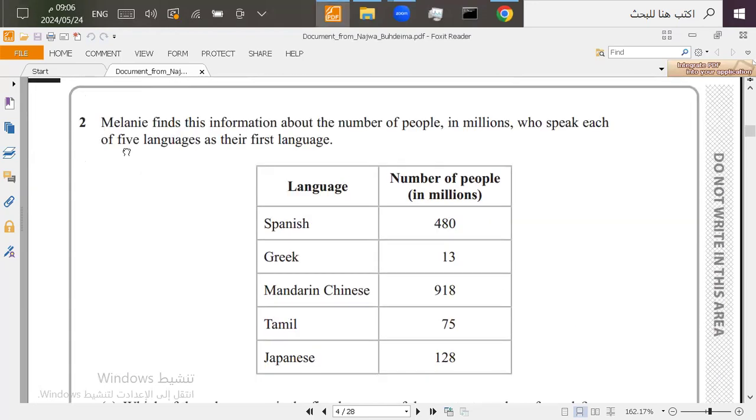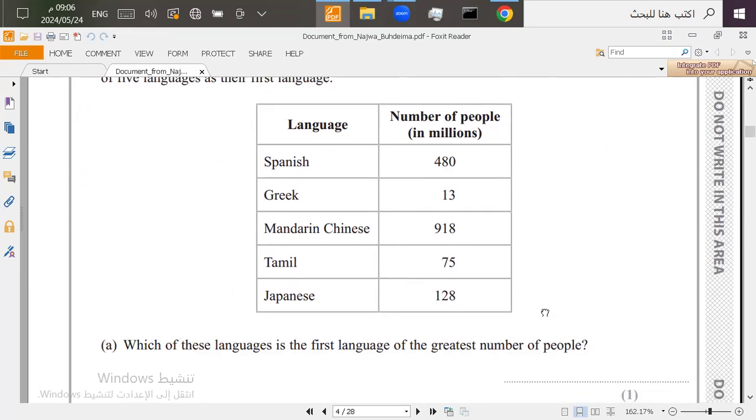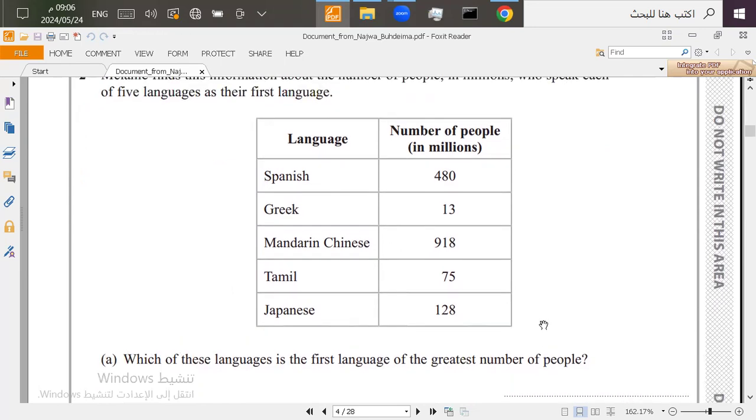Question 2. Melanie finds this information about the number of people in millions who speak each of 5 languages as their first language. So these are the languages, and these are the number of people or the frequencies of people. Which of these languages is the first language of the greatest number of people? We take a look at the numbers.